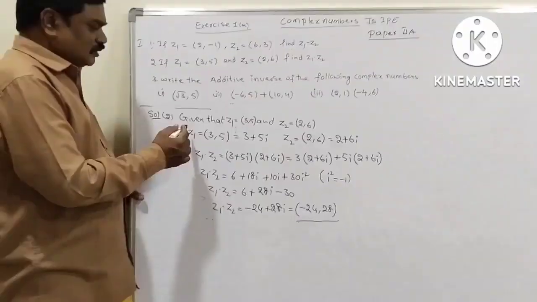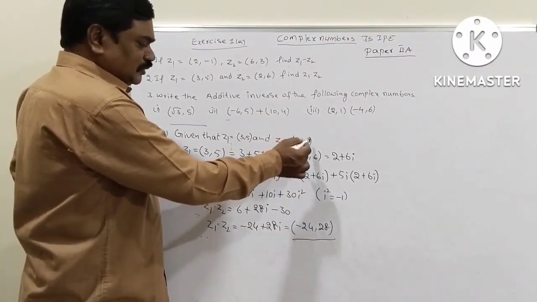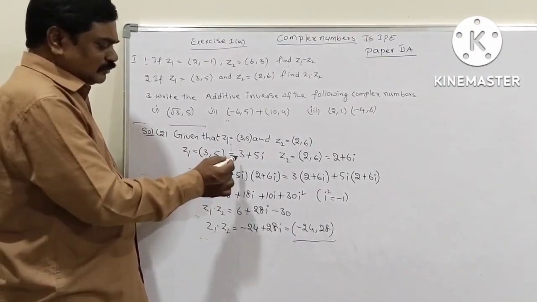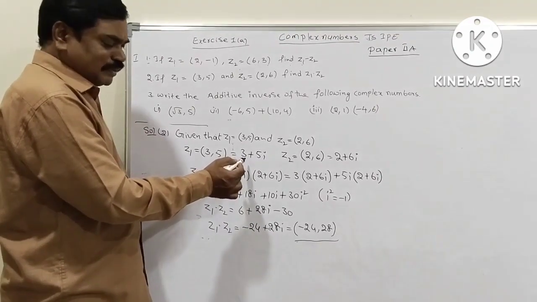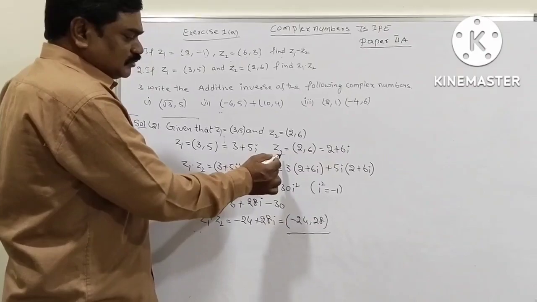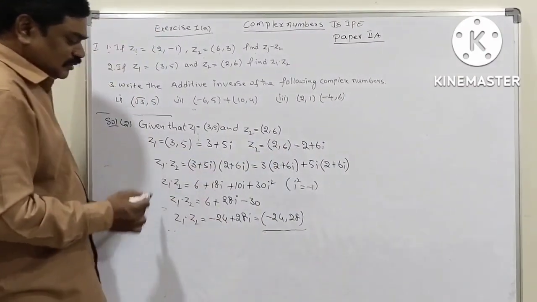Given that Z1 is equal to (3, 5) and Z2 is equal to (2, 6), in complex form Z1 is 3 plus 5i and Z2 is 2 plus 6i.